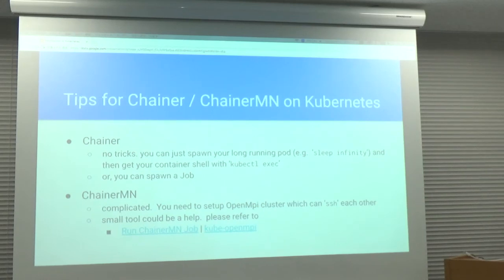Or you can spawn a job. But ChainerMN is complicated. As you know, we need to set up an OpenMPI cluster which can SSH together. So a small tool could help. Please refer to kube-openmpi or the run ChainerMN job section in that document.